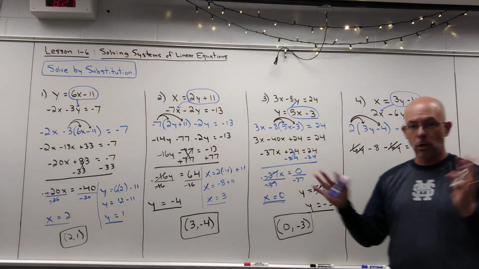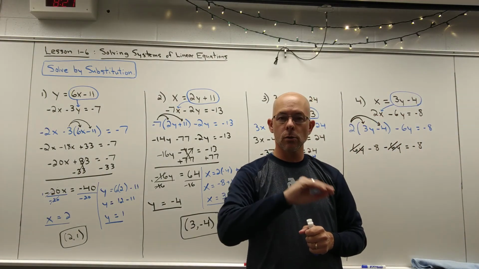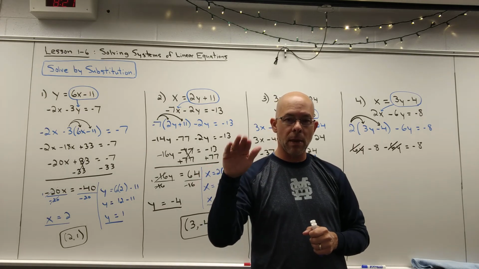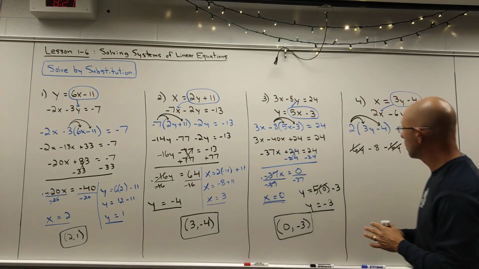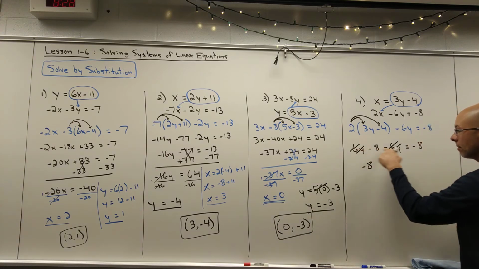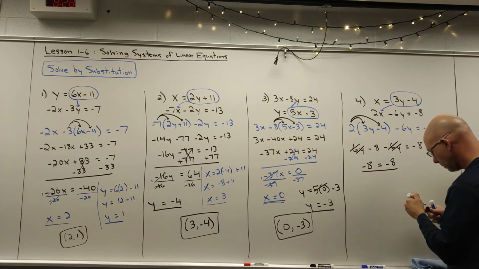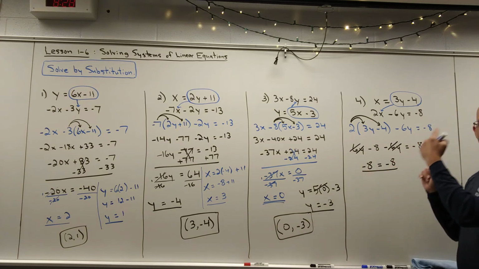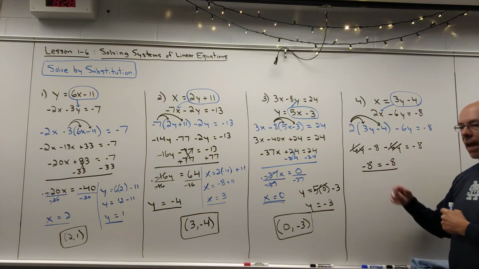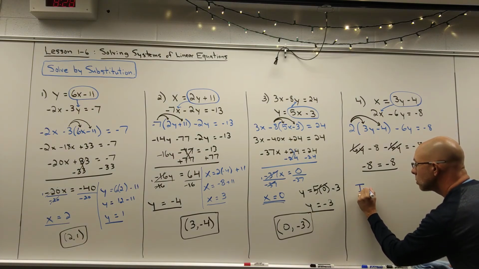So, newsflash. The variable just went away. This is either no solution or infinite solutions based on what is remaining in this problem. Well, look what's remaining on the left-hand side. Negative 8. Everything else is gone. Equal sign. Negative 8. That's a true statement. The fact that it's true means infinite solutions.